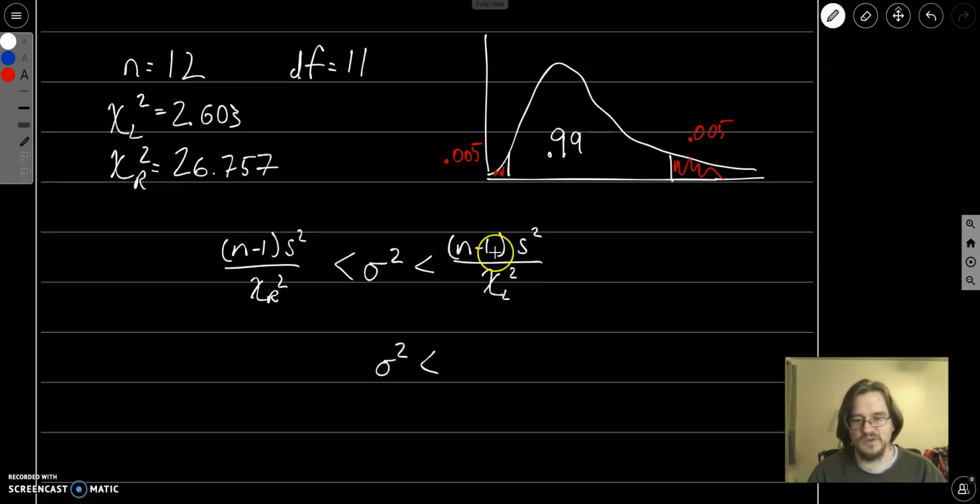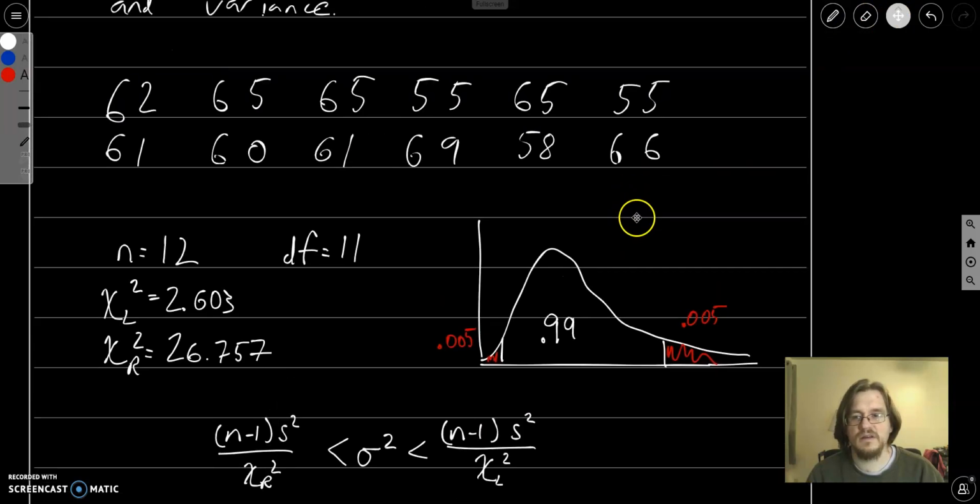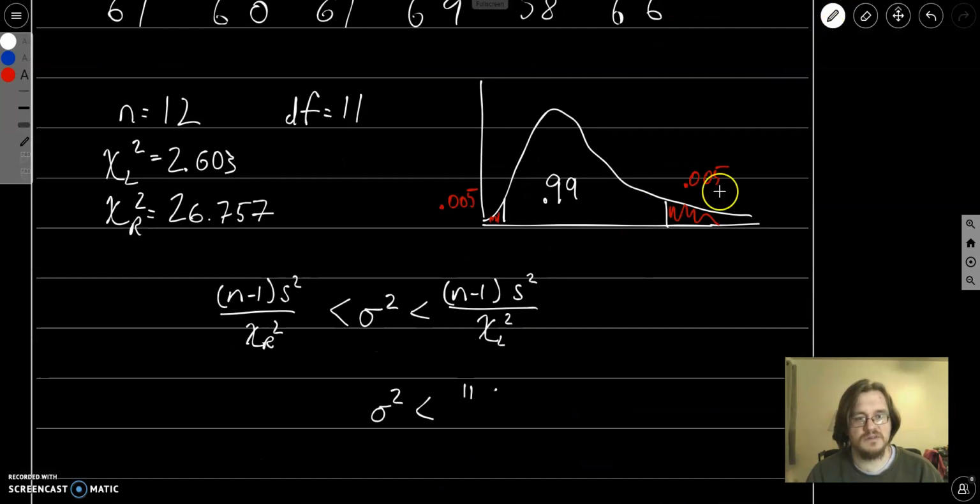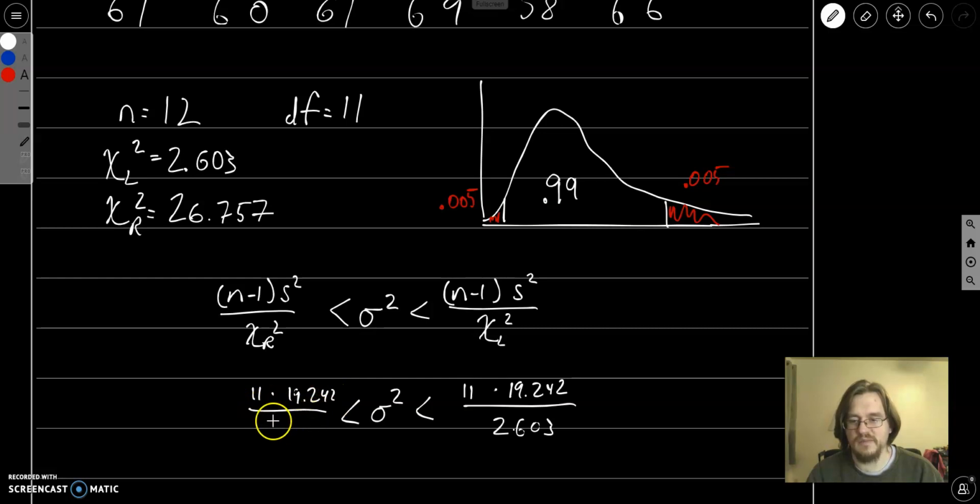On this side, this is going to be 11 times 19.242, all divided by 2.603. On this side, we've got 11 times 19.242, all divided by 26.757.